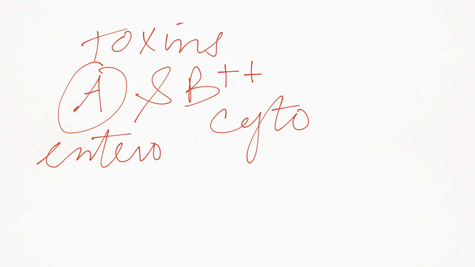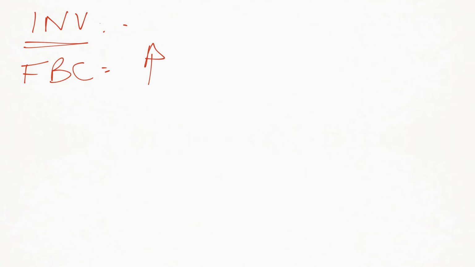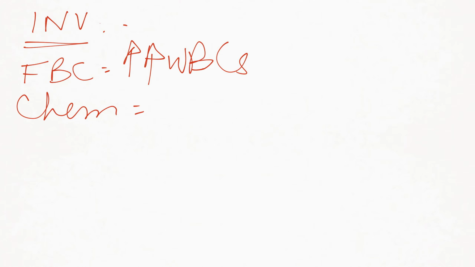So let us get back to the diagnosis in general. In the investigations, you will start naturally, as usual, with a full blood count, and here you will find very high WBCs, okay. And you will do your chemistry.